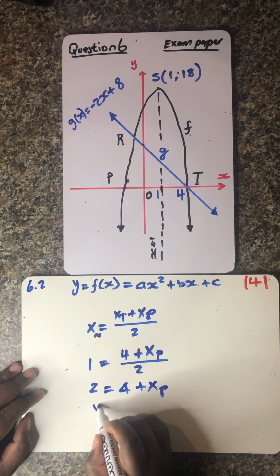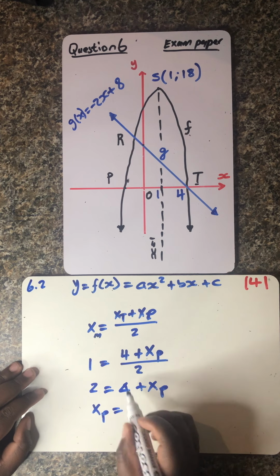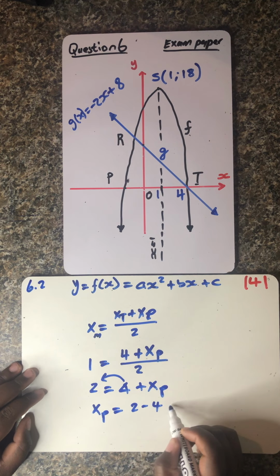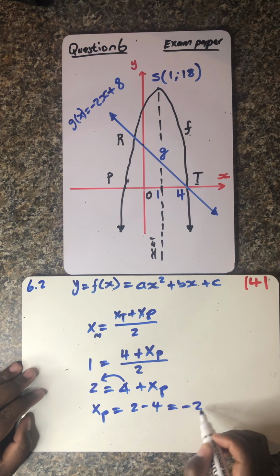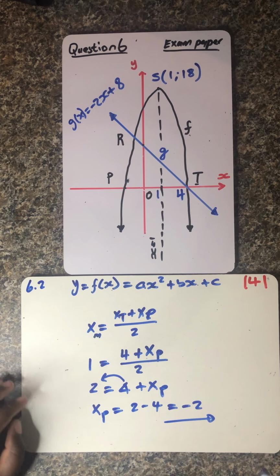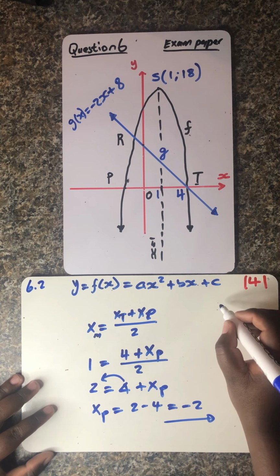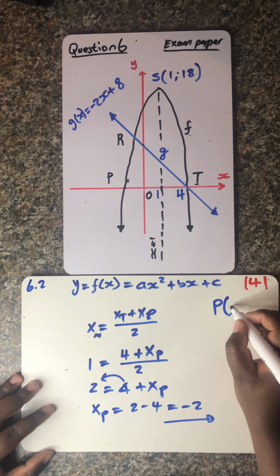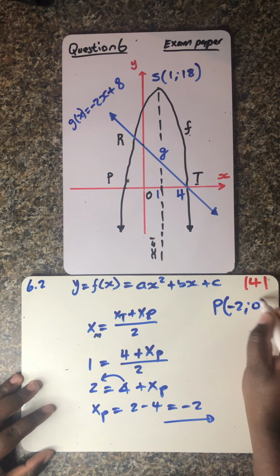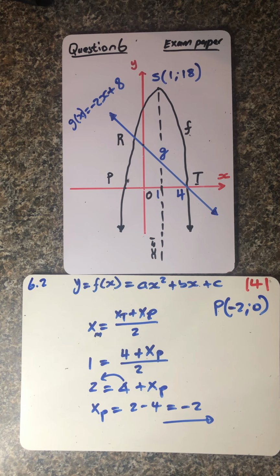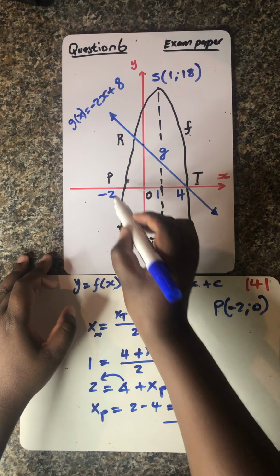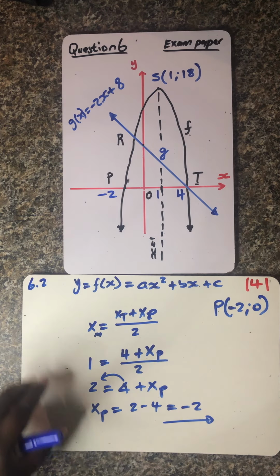So x of p is 2 minus 4, which is equal to minus 2. You can note down that p is actually equal to (-2, 0).